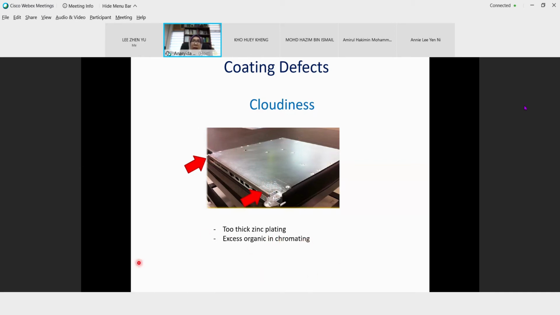Okay. When you have, for example, galvanizing, sometimes you can also see blistering. You can also see heating. It depends on the parameters used in the process. But sometimes it's not because of the parameters.